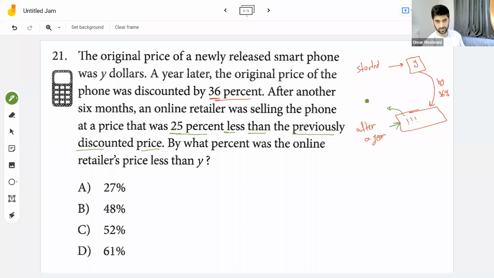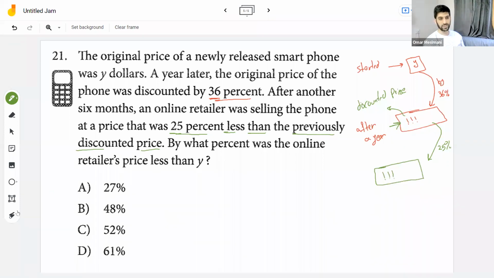Now we have one more discount of 25%, and it ends up with a value that again I don't know.